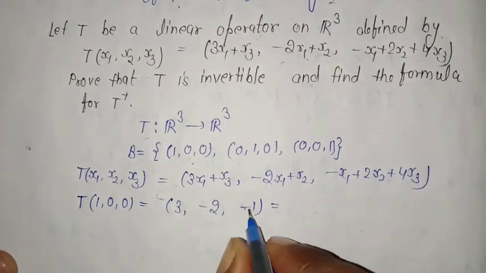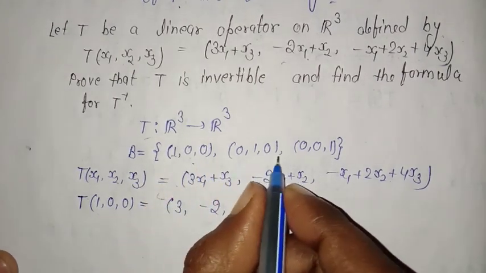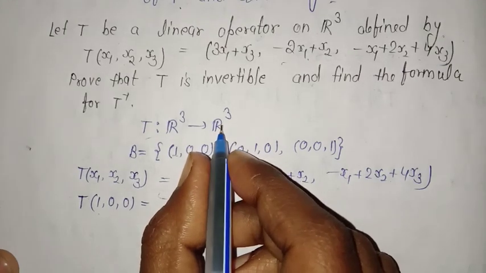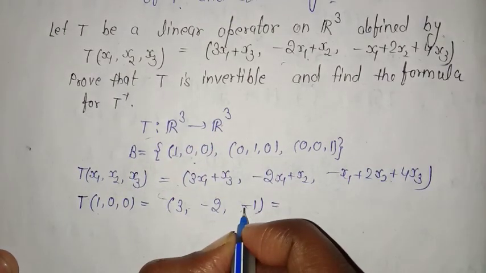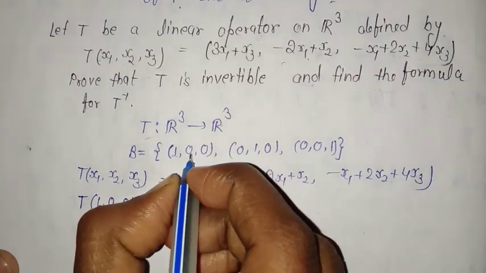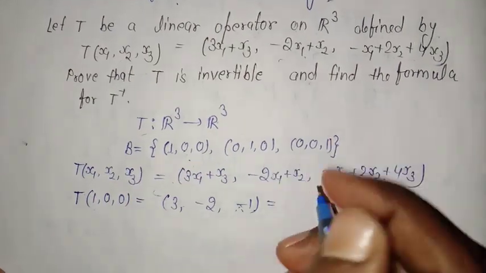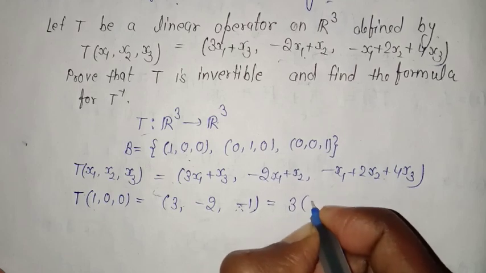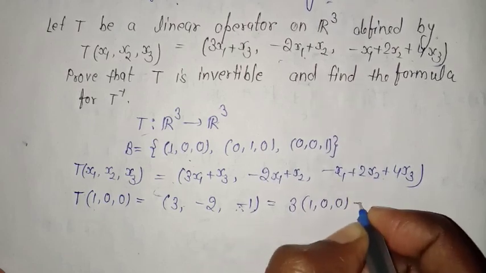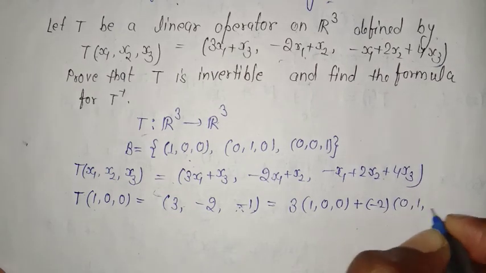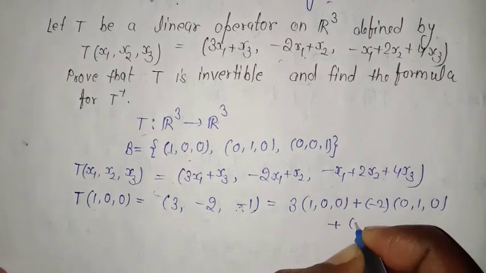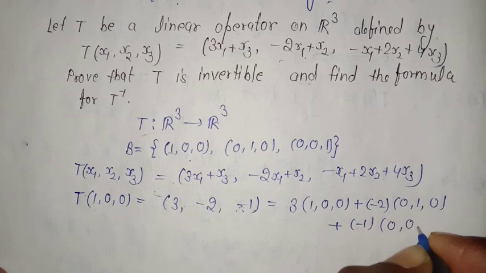We can express it as a linear combination of the elements of the basis of R cube, because both spaces are the same. So we can write it as 3(1,0,0) plus -2(0,1,0) plus -1(0,0,1).